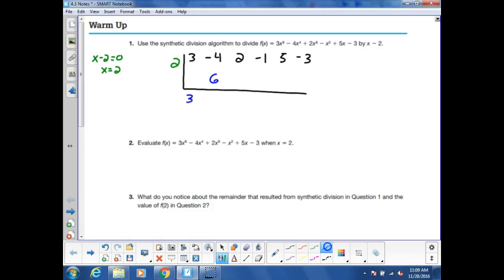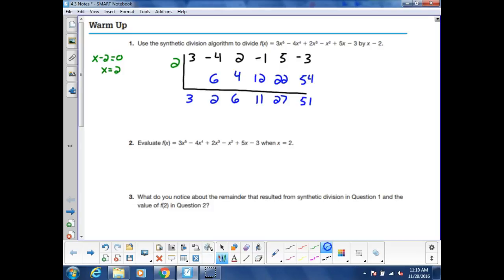Multiply, add, multiply, add, multiply, add, multiply, add, multiply, add.